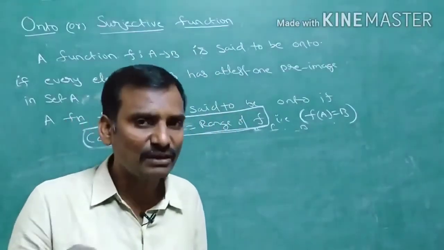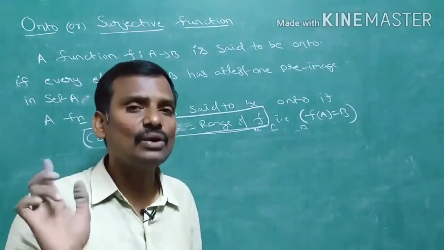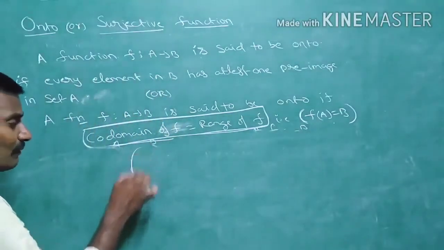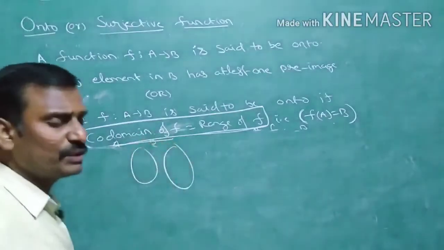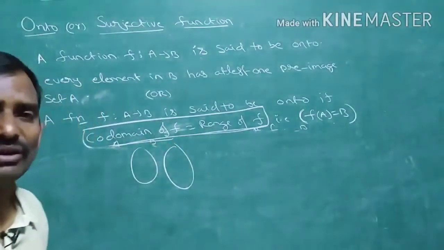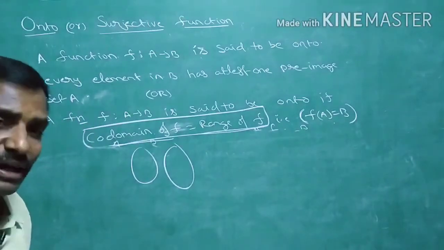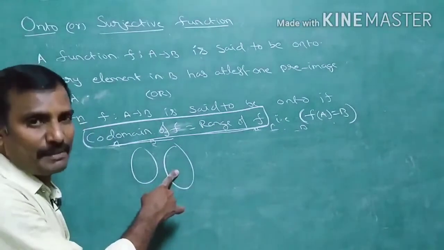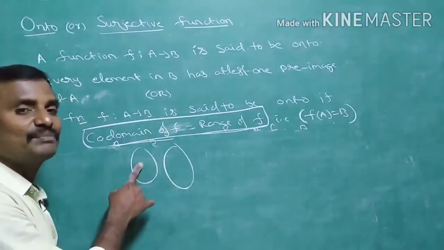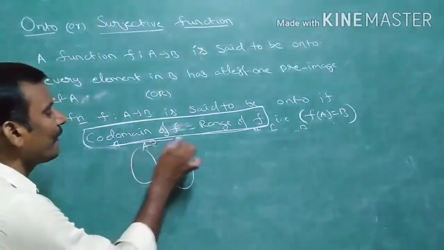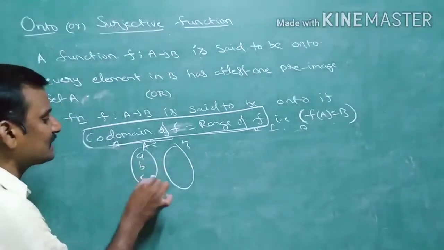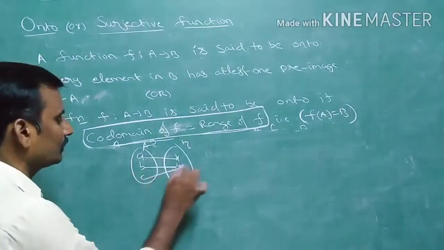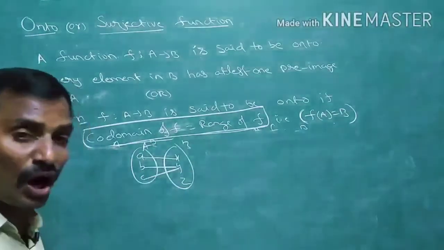A function which is not onto is called into function. What is the definition of into? The function which is not onto is called into function. At least one element in set B has no pre-image in set A, that is called into function. A, B and X, Y, Z. Is it onto function?